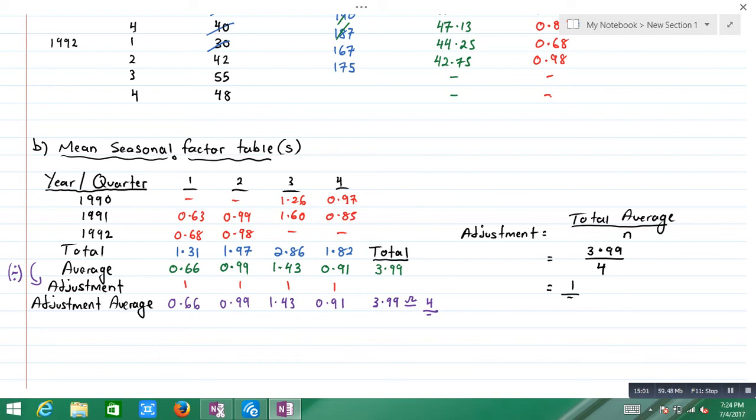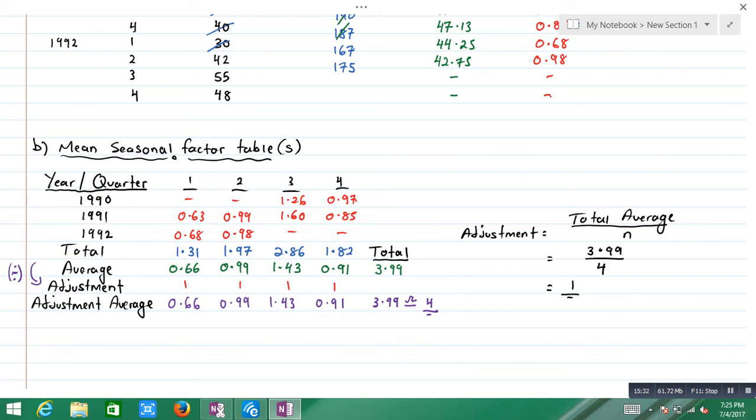So 3 times 1.8, how much? So you get 48.15. Check. Are we okay so far?